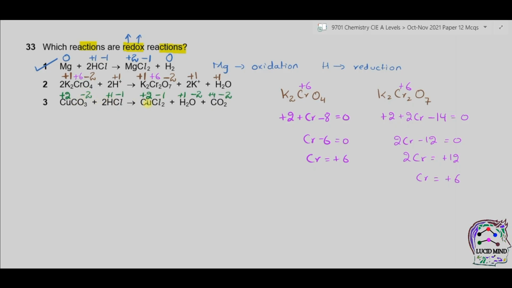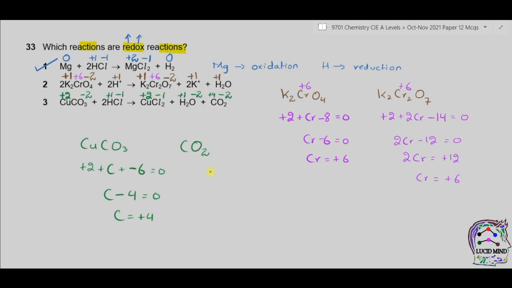Now we can see that there is no change in oxidation states. We can confirm the oxidation states of carbon in both these compounds. We have copper carbonate, we have carbon dioxide, copper is plus 2, oxygen is minus 2, so for 3 oxygen it will be minus 6, overall charge is 0, so carbon minus 4 equals 0, carbon is plus 4 on the right hand side.